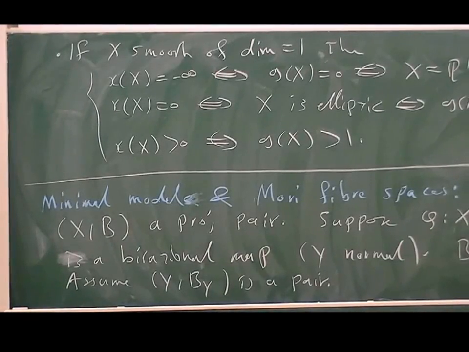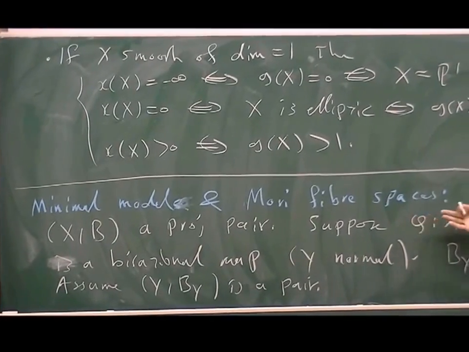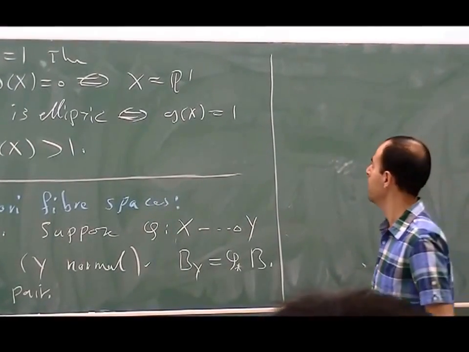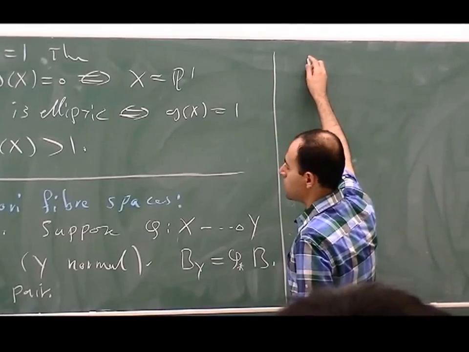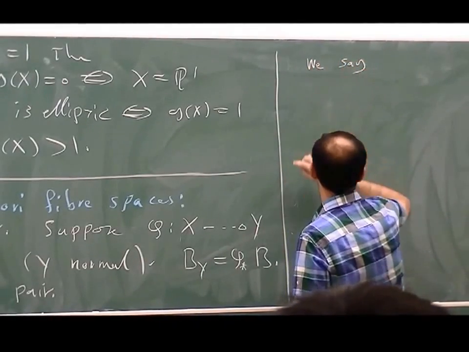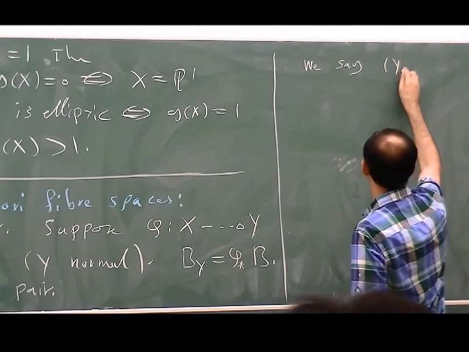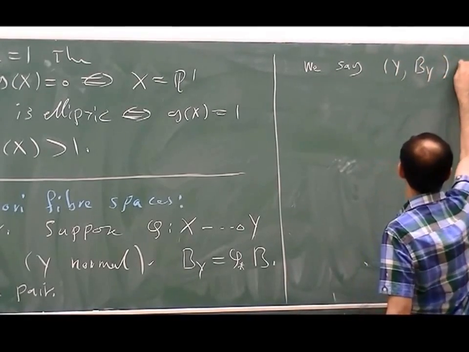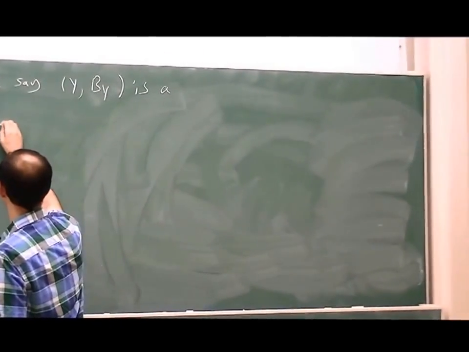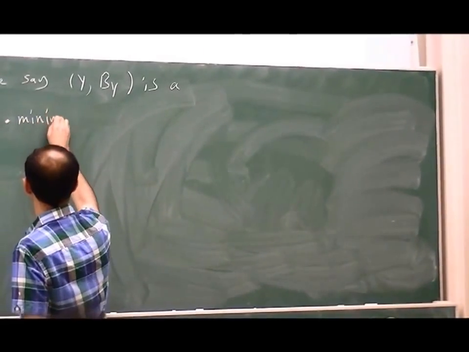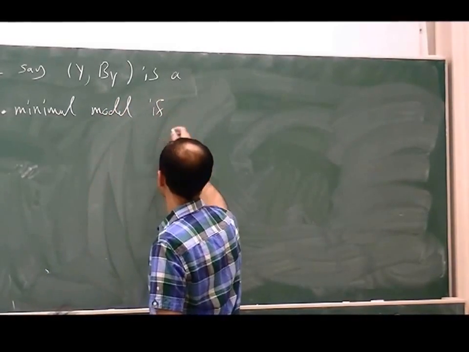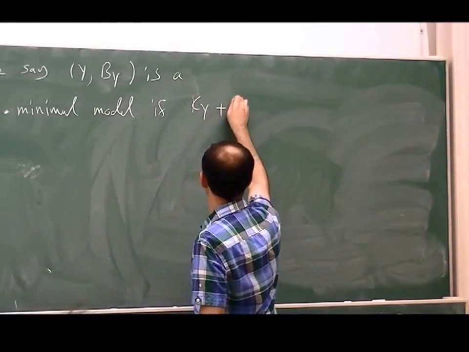So all I have right now is essentially I start with a pair and I assume that I have another pair which is birational to the original. Now we say that this Y is the minimal model if I have some positivity property.